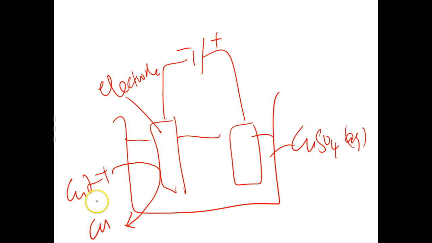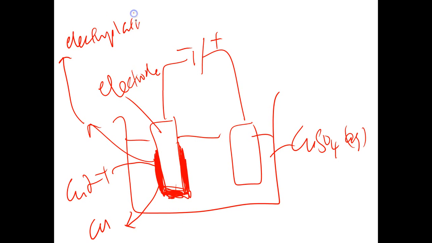So when the copper metal is formed, it actually forms a layer around the electrode. So if you think about this, wouldn't this be similar to electroplating? What happens during the electrolysis process is that the copper forms a layer around the electrode. So if we were to replace this electrode with something, say for example, a piece of iron, the iron would become copper plated at the end of the day, right?